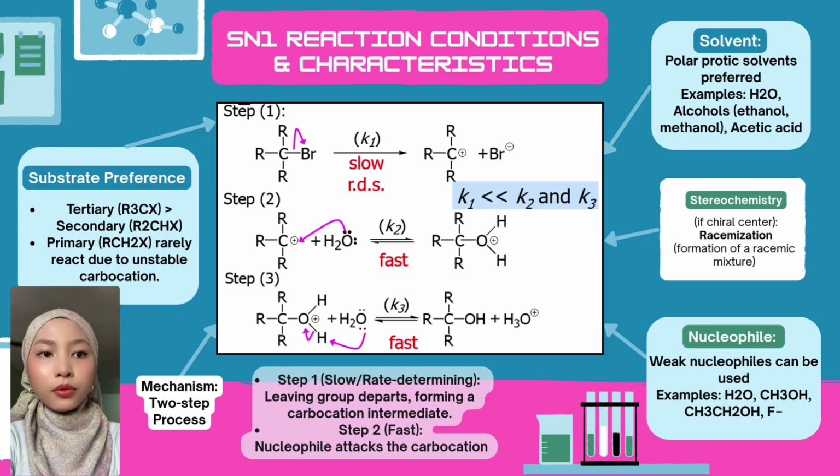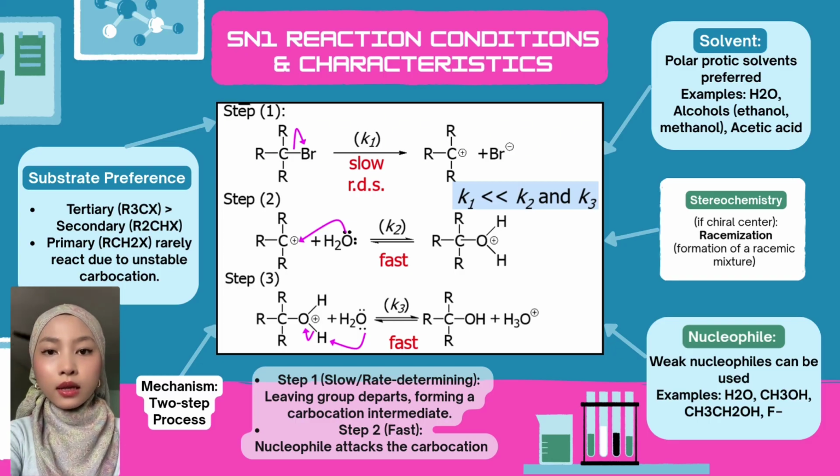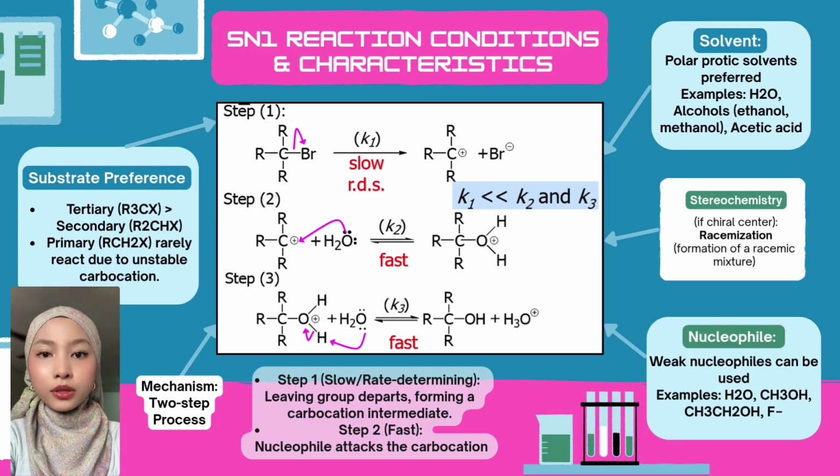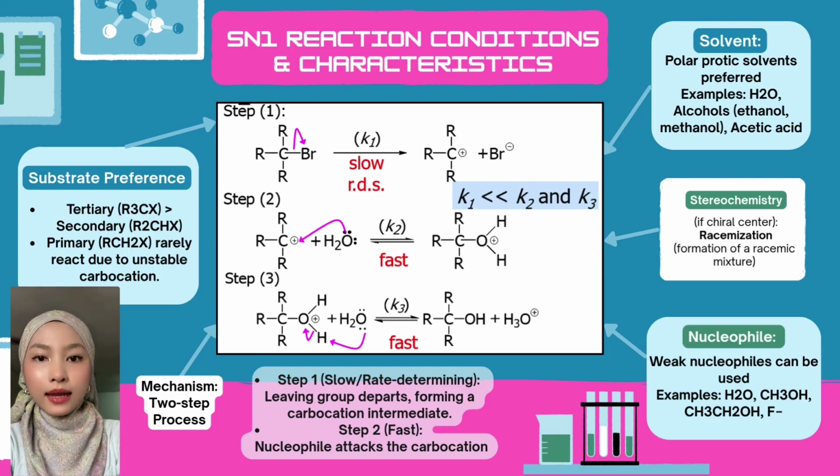SN1 reaction works best with substrates that can form a stable carbocation, which is the tertiary carbocation. Primary carbocations are too unstable, so SN1 rarely happens with primary substrates. For solvent, polar protic solvents are preferred because they can stabilize both the carbocation and the leaving group, for example water, ethanol, methanol, and acetic acid.